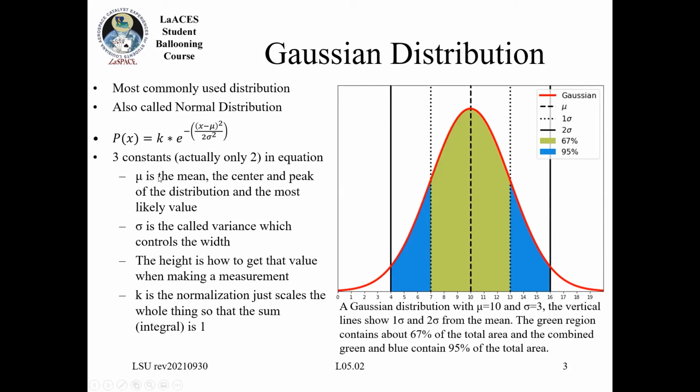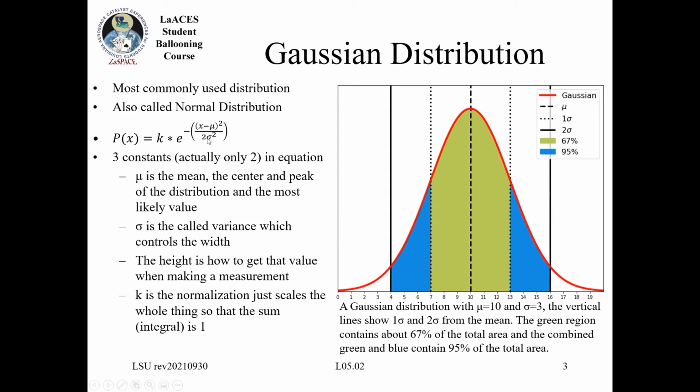In particular, mu is the mean. The Gaussian is a symmetric distribution, right? It has the same shape above and below the mean. So all that mu does is shift the entire distribution to the left or the right. That mu is whatever value is right at the peak.